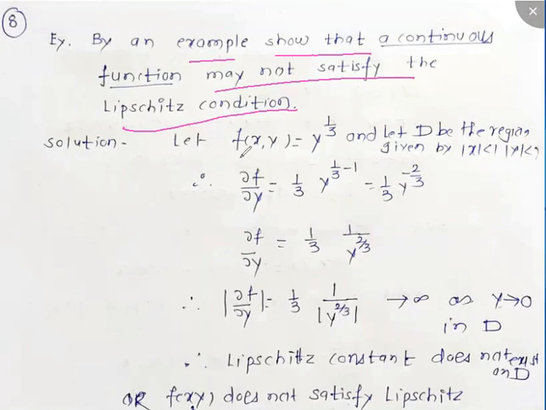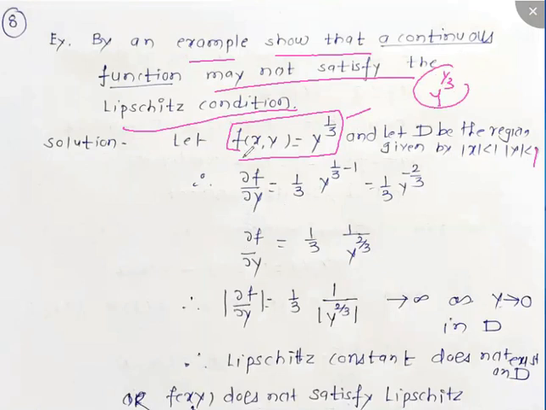For example, f of x, y equal to y raised to 1 upon 3, and D is the region mod x less than 1 and mod y less than 1. So find out partial derivative. It is a continuous function. Y raised to 1 upon 3 is continuous because y is continuous. So its power 1 upon 3 is also a continuous function.